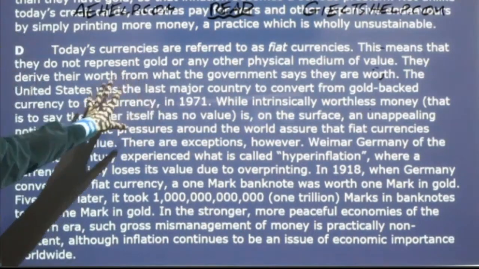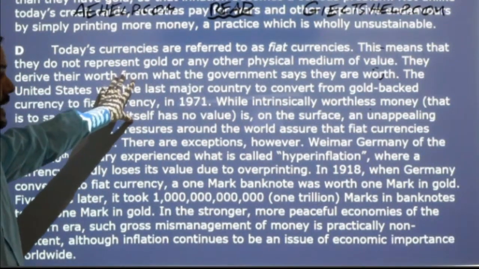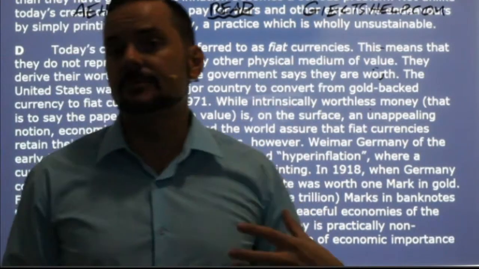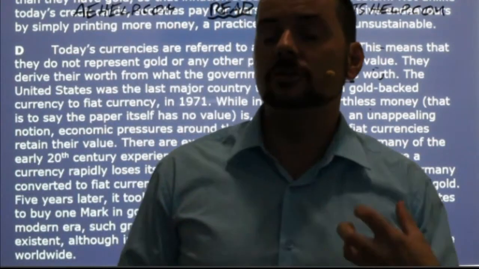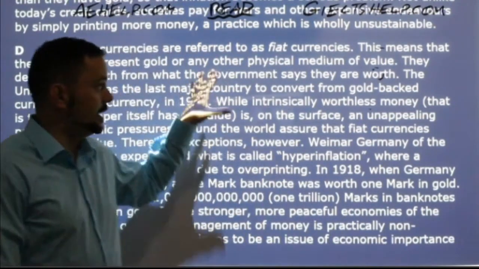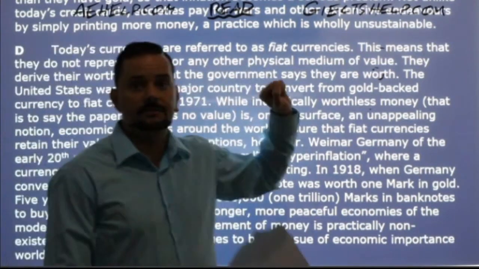Again, students, remember, what is the paragraph about? If you ask me for D, what the paragraph is about, I would say it's about a new type of currency that is not linked to any physical value. So if you asked this question correctly for D, you should have gotten D fairly quickly.